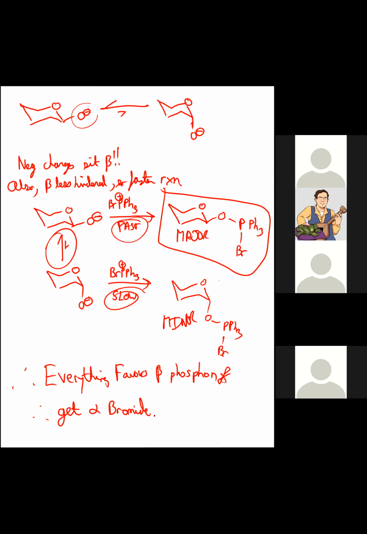When we come back to this tomorrow or Thursday, we're going to talk about how we can favor alpha versus beta on the reaction products of these kinds of bromine reactions, and then how we can play with these things. And then we're going to switch over to talk briefly about some anomeric fluoride chemistry, because that's kind of the safer version of this.